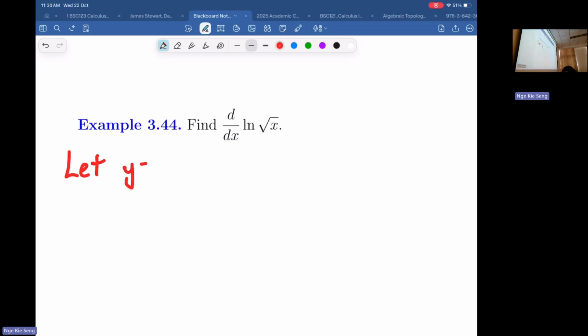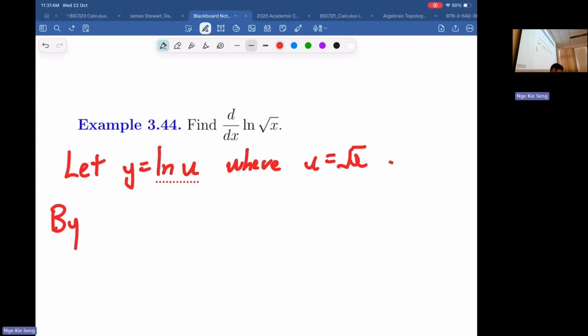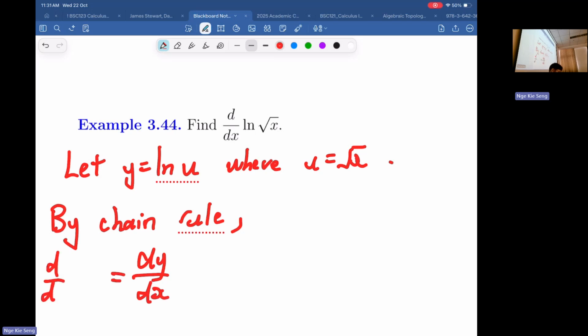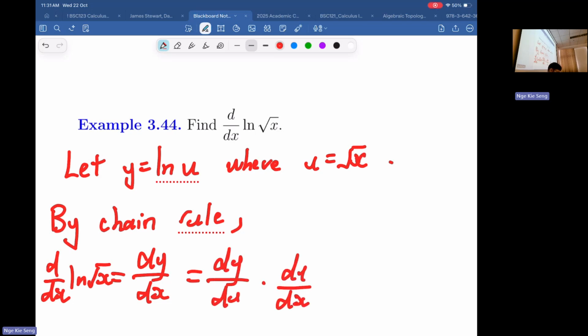So let y equal ln u such that u is square root x. Then we can use the chain rule. So dy/dx, which is d over dx of ln square root x, equals dy/du times du/dx.